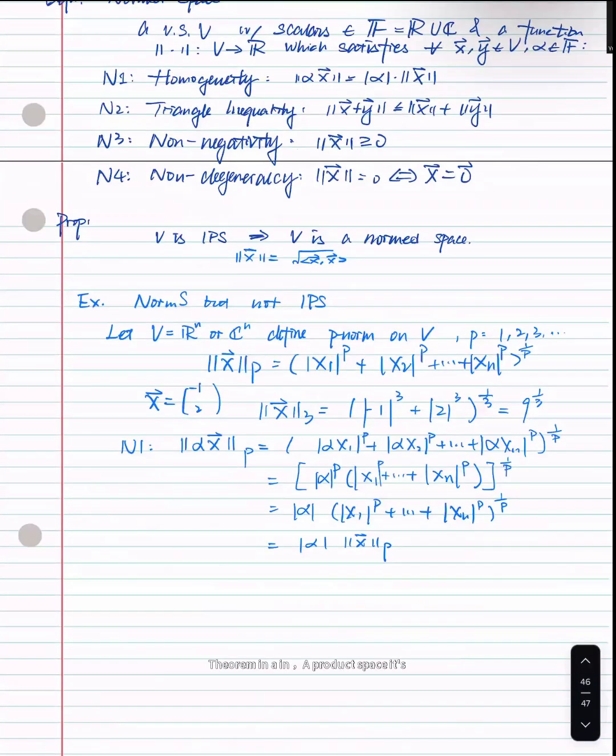Actually, there is a theorem in inner product spaces called the parallelogram theorem.